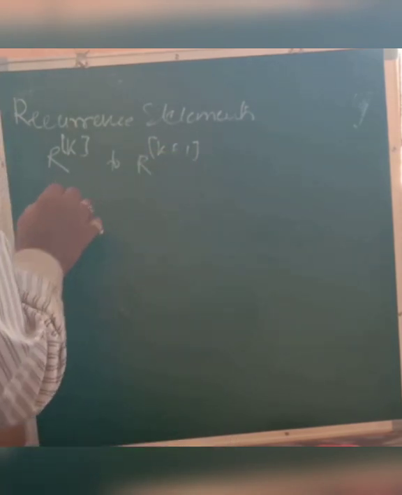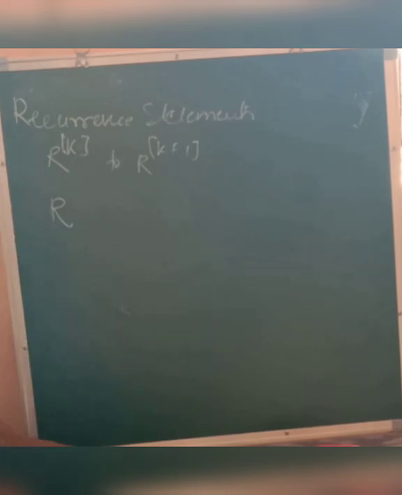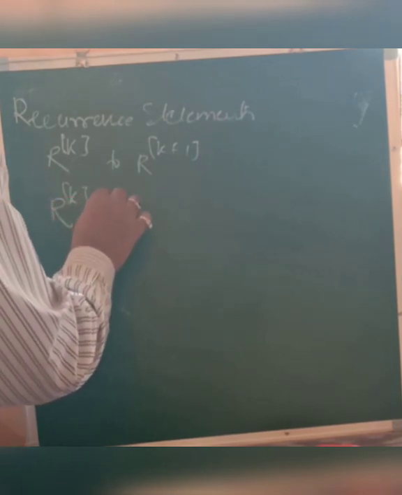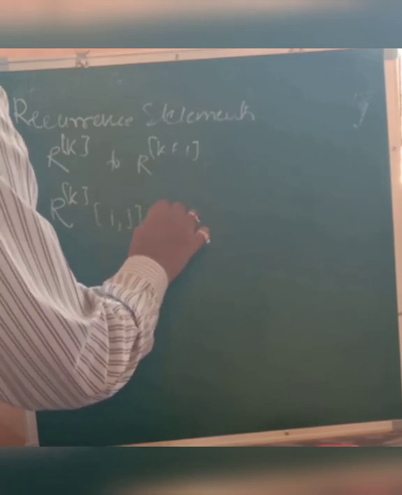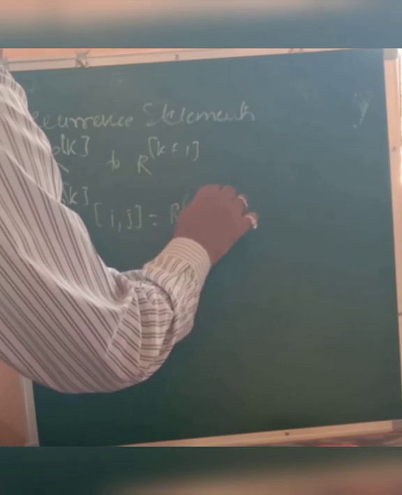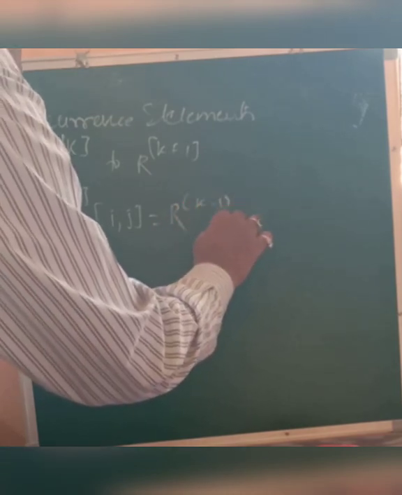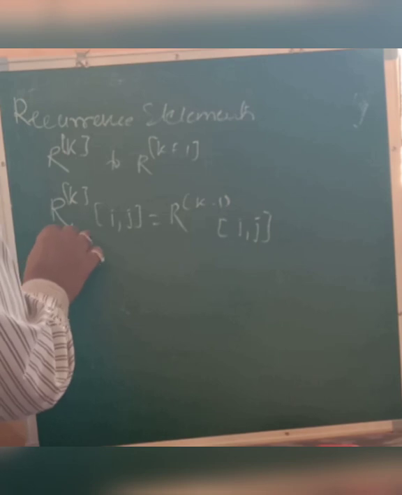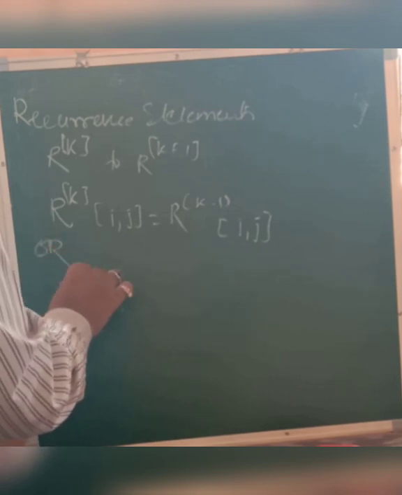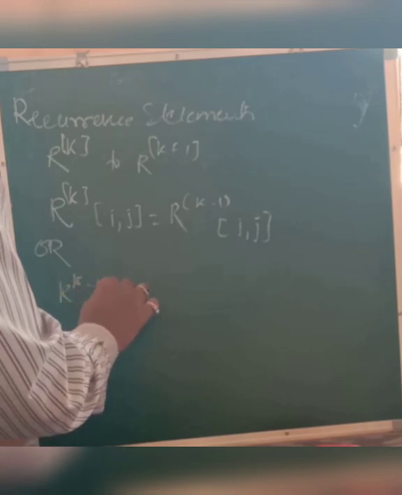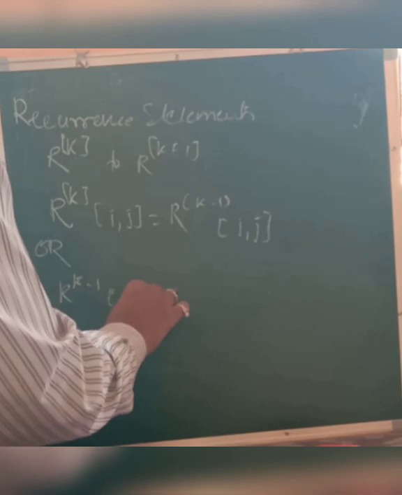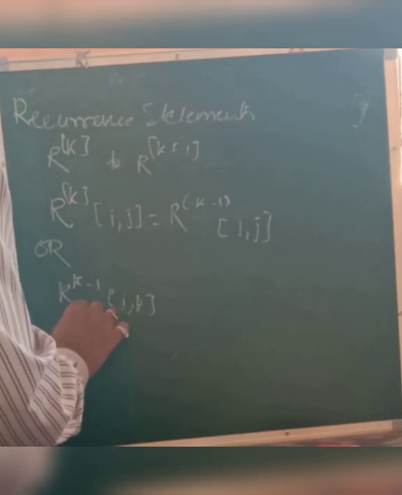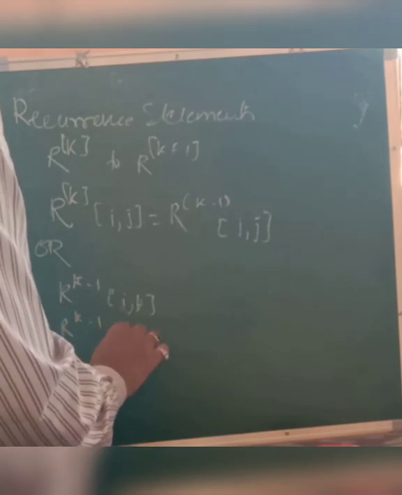So I must say that the recurrent element R of k, say like this, R k of i j, is equal to the recurrence element of the matrix of k minus 1 at i comma j, or we can also say R k minus 1 of i k and R k minus 1 of k j.